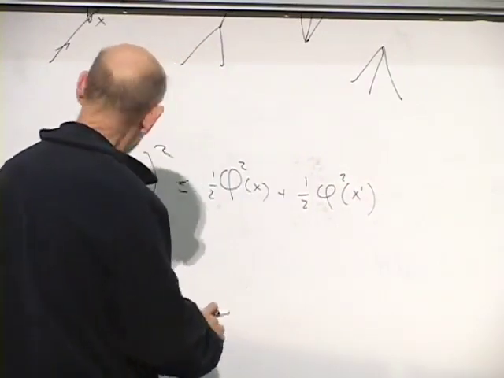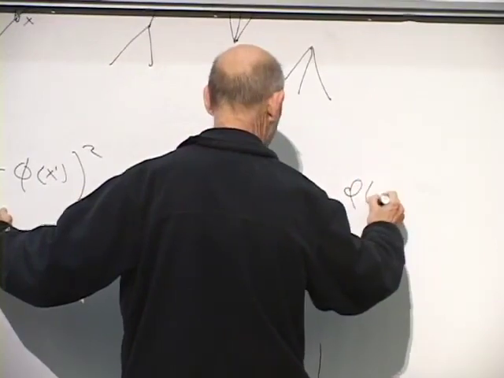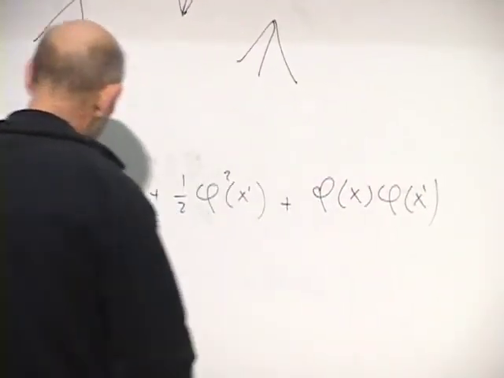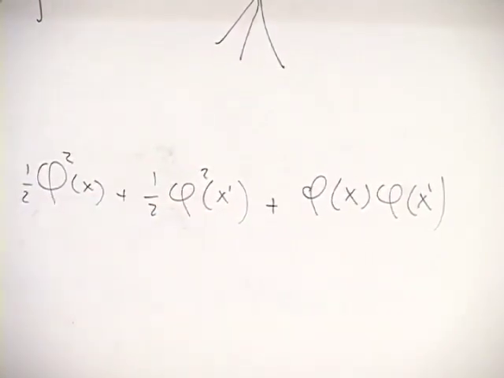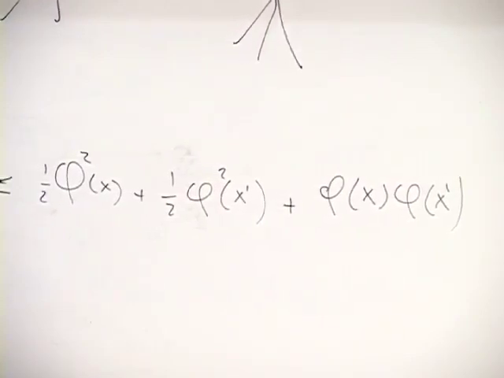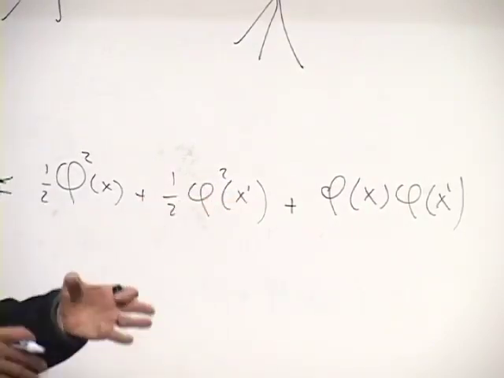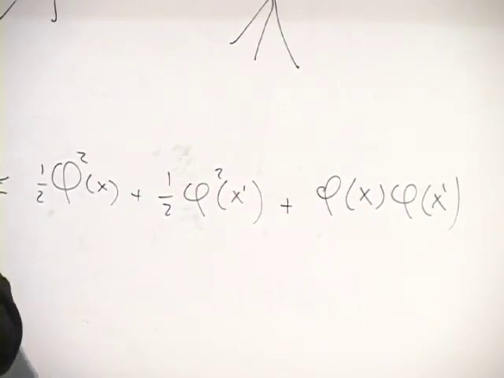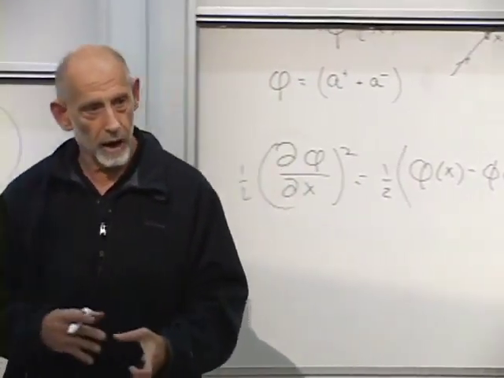But the important point is the term which is phi of x times phi of x prime. These 2 terms are not very interesting. They absorb a particle at a point and produce another particle at exactly the same point. They might eat 2 particles at the same point, or they might take an incoming particle at point x, absorb it, and then just spit it back out at the same point. So they don't move the particle around.